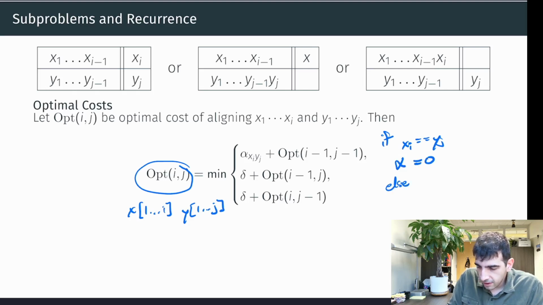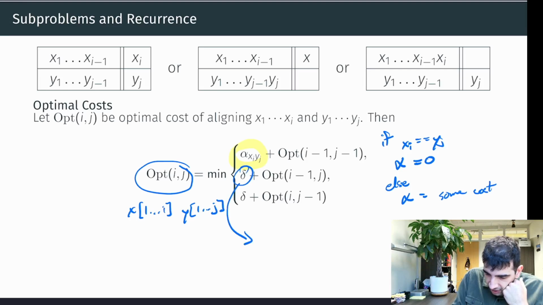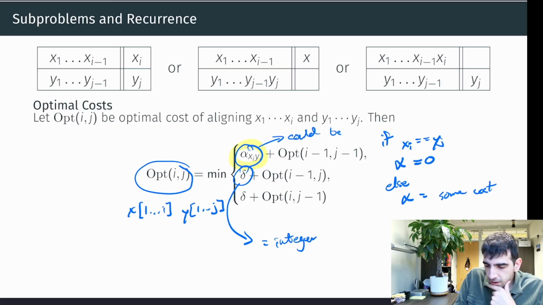Else, the alpha is equal to some cost. The major thing to remember here is that this alpha isn't a number like 1. It's not delta. This delta is actually equal to an integer, a particular cost. But this alpha could be 0, or could be something else, an integer.